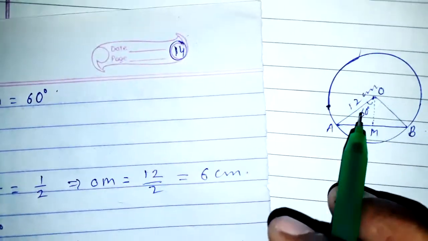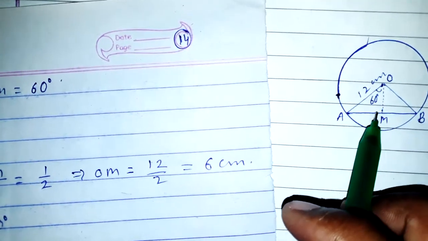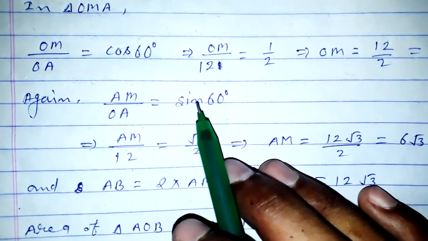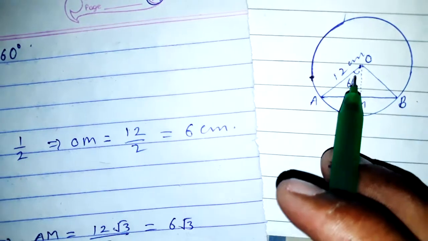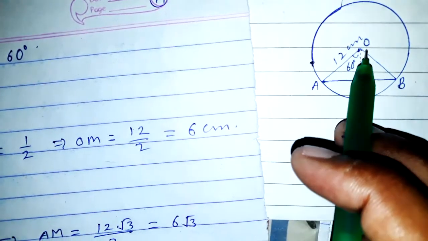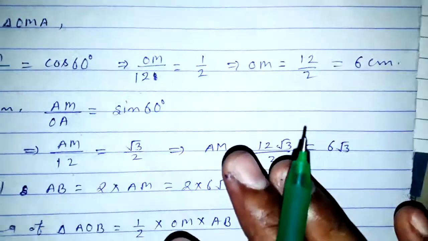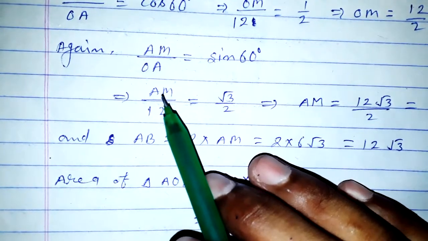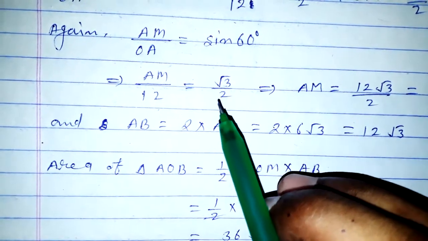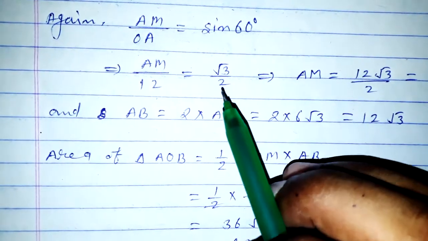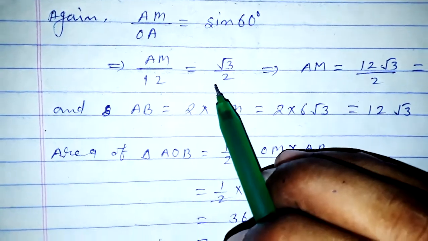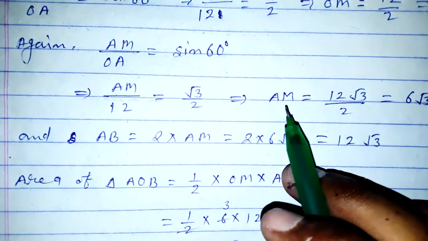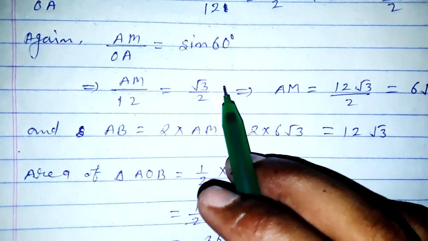Again in this triangle find the value of this. So take the ratio AM upon OA, sin 60 degree, because this is the opposite side of angle and this is hypotenuse, so this ratio is also called the sine. So OA is 12, AM is √3/2, sin 60 is √3/2. So cross multiply here.